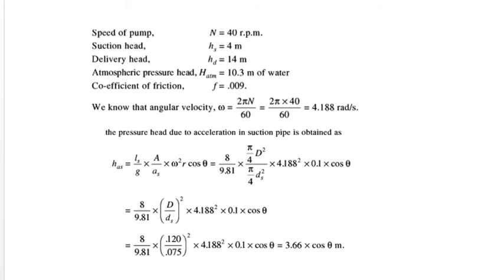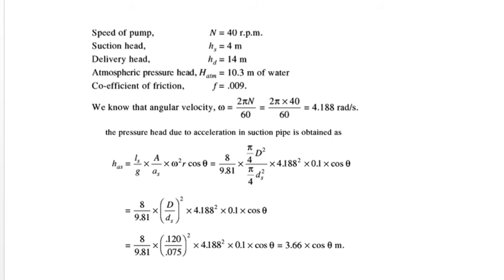The pressure head due to acceleration in suction pipe can be calculated with the help of this formula which we had derived in the video of indicator diagram, that is HAS is equal to Ls by g, where Ls is the length of the suction pipe, into capital A upon As. Capital A is the cylinder area and small As is the area of the suction pipe, into omega square r cos theta. Now Ls is given, value of g is 9.81.